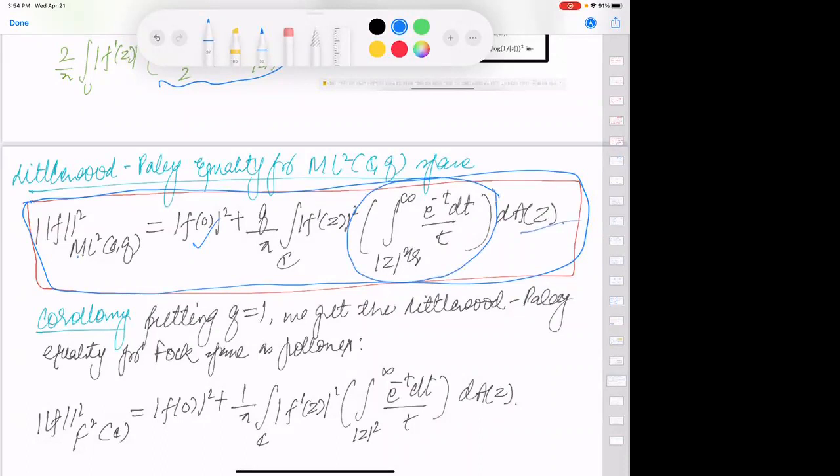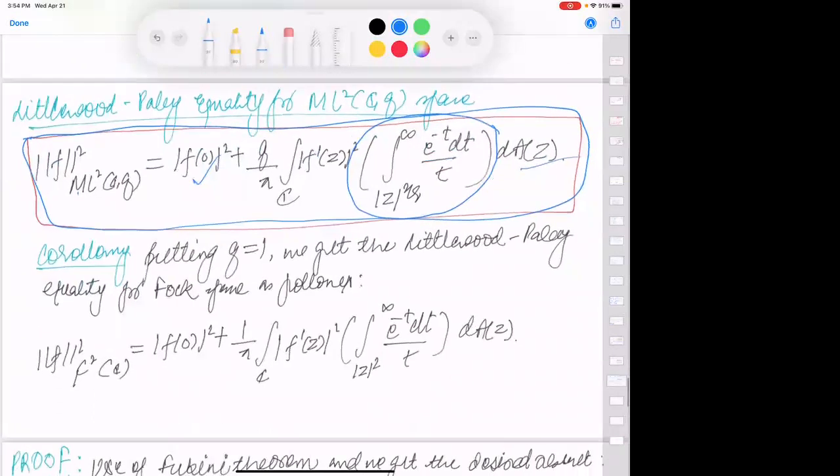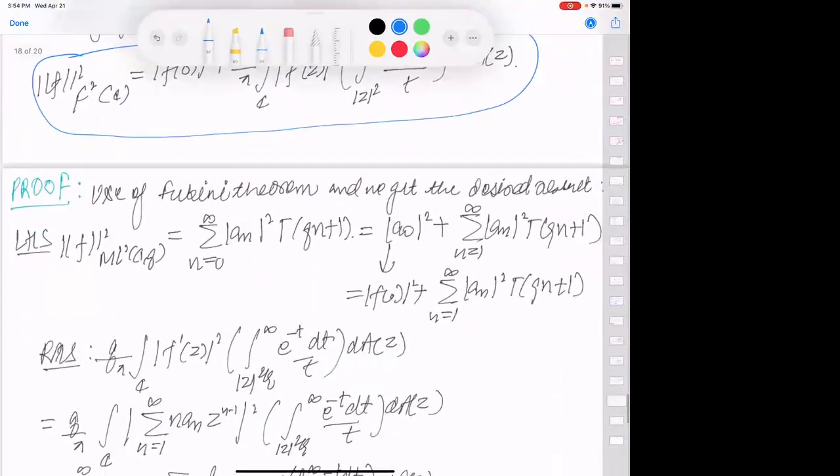This is kind of a corollary, as I said earlier at the start of my presentation, that when you plug in q as 1, you will get the Fock space. So if you want to look at the Littlewood-Paley equality for Fock space, this is going to be the equality, right? And now I'm going to give the proof for this equality.